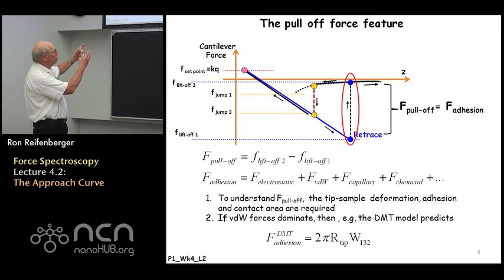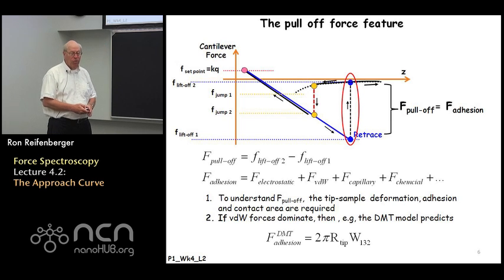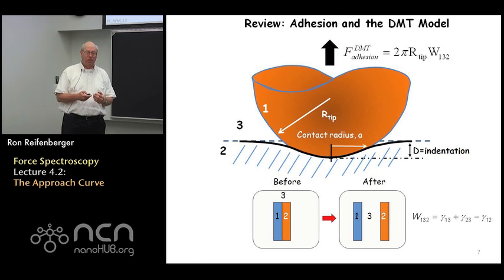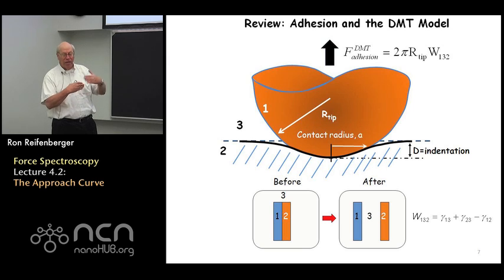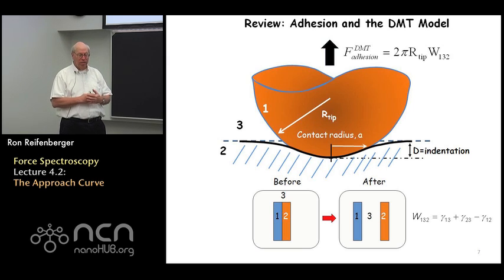So for instance, I just remind you about the DMT model and the predictions of DMT, right? The adhesive force due to DMT, which is solely van der Waals interactions, is just 2 pi times the radius of the tip times this quantity W132, which basically measures how much energy is required to pull a tip of radius r tip away from a substrate, right?